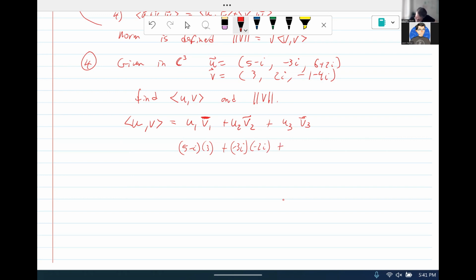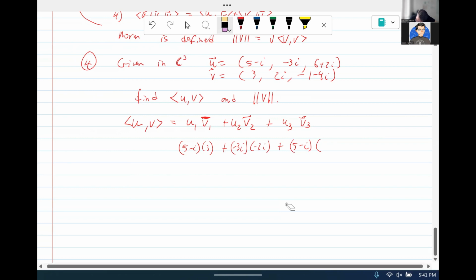And then u3 is, I'm sorry, not 5 minus i, it's 6 plus 2i, times, and then v3 is negative 1 minus 4i. Well, what's the conjugate of negative 1 minus 4i? It's negative 1 plus 4i.